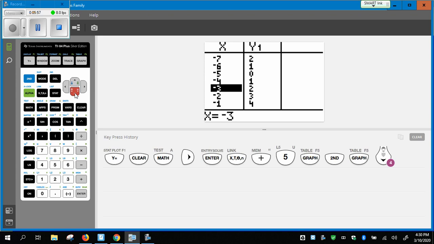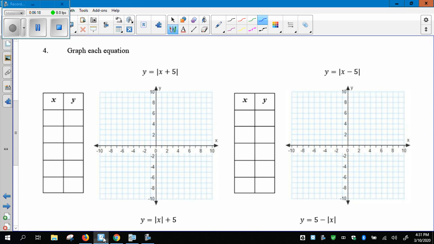So I'm going to plot the points right around here, -5, 0. That's going to mean where the bottom of the V is, kind of the vertex of that. So, I'm going to plot the points -7, 2, -6, 1, -5, 0, -4, 1, and -3, 2.